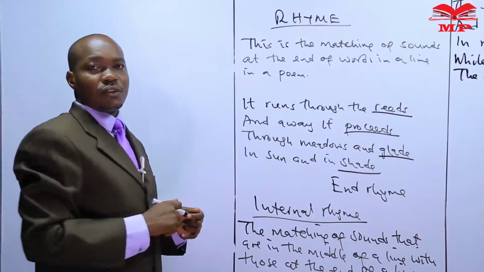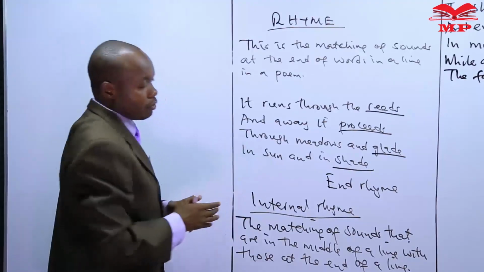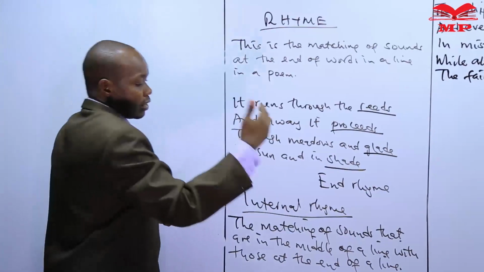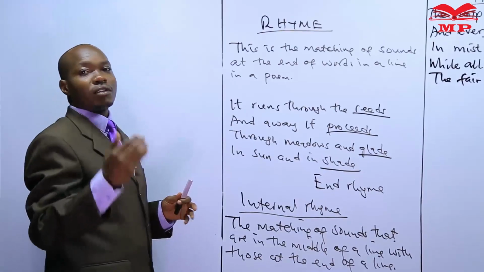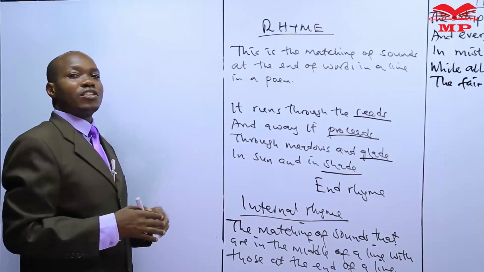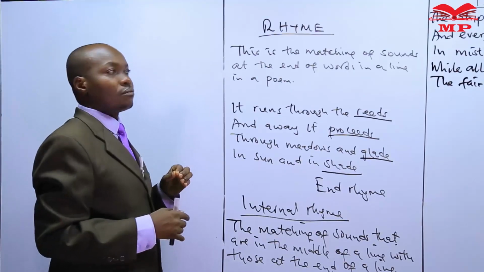So that is internal rhyme. The sounds at the middle of a line and at the end of the same line are matching. We call that internal rhyme. And I want us to look at an example of internal rhyme.